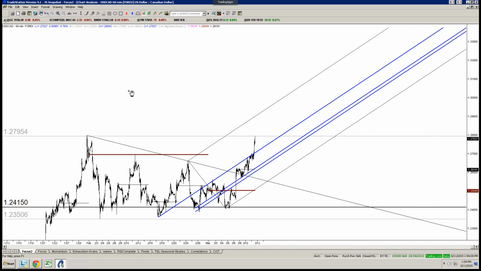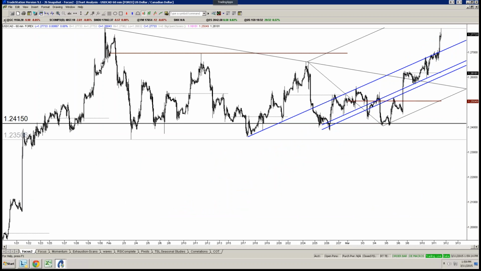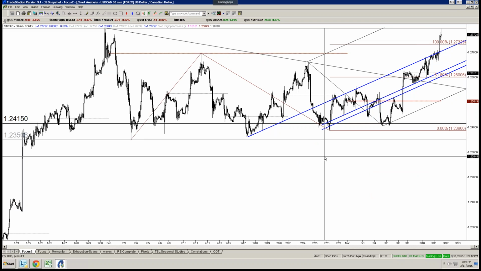The other way to do it is to take wave B of the triangle, which would be this one here, A, B, C, D, E. Take wave B and extend that from right here.